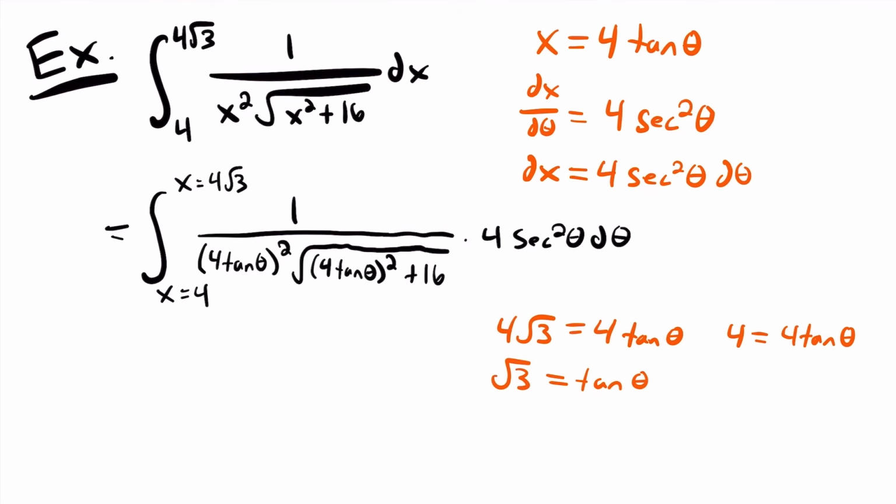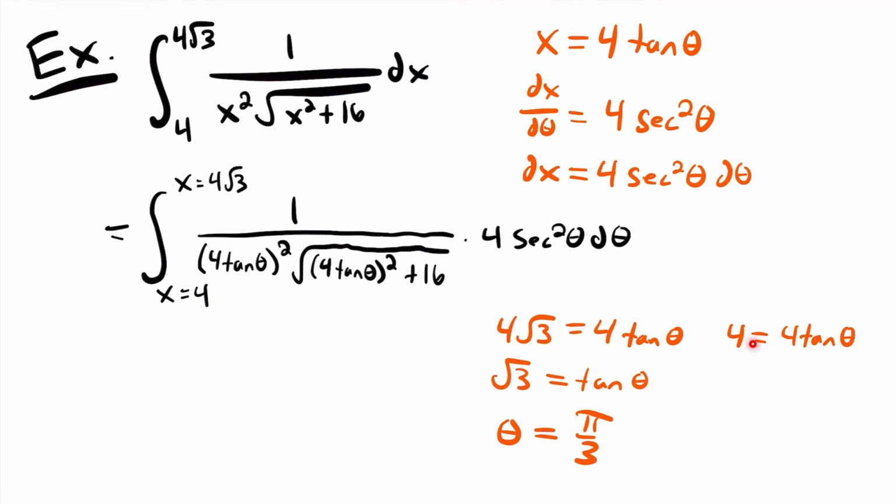And now if you have a calculator, in order to solve for theta, you can evaluate the arctangent function at the square root of 3, right? So if you use the arctangent function or inverse tangent function on both sides of this equation, that will solve for theta. And if you did that, you would find that theta is equal to pi divided by 3, which makes sense because tangent of pi divided by 3 is the square root of 3, and so theta is pi divided by 3.